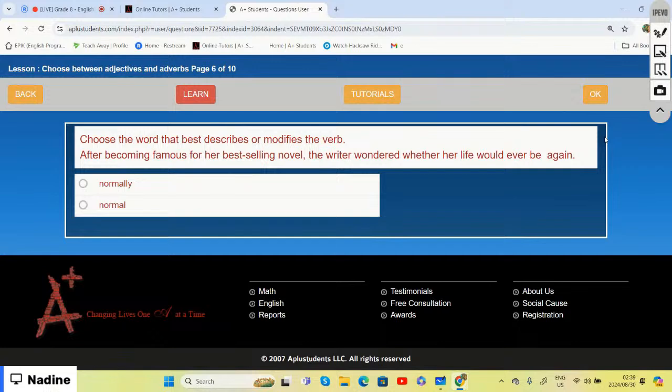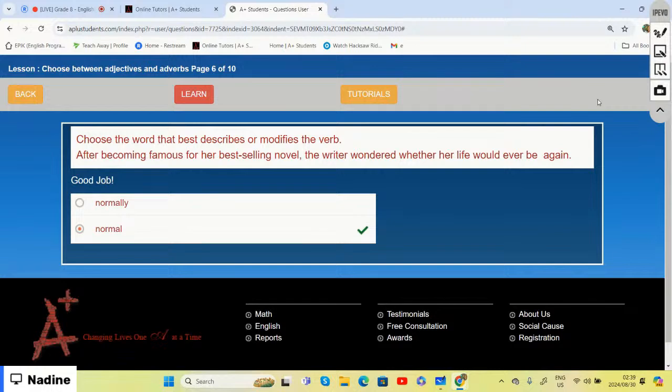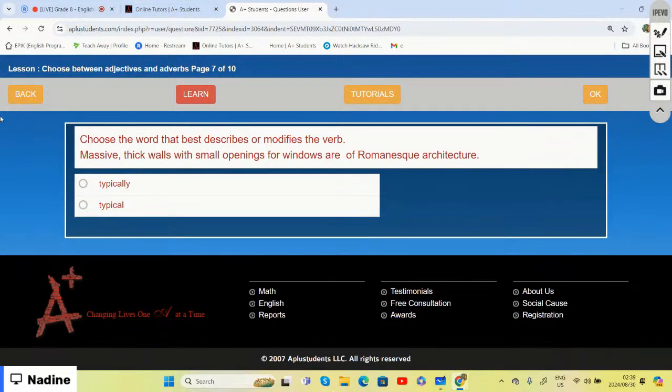We need to choose option one or option two. And if we were to choose the correct one, we would say, after becoming famous for her best selling novel, the writer wondered whether her life would ever be normal again. And yes, normal is correct.